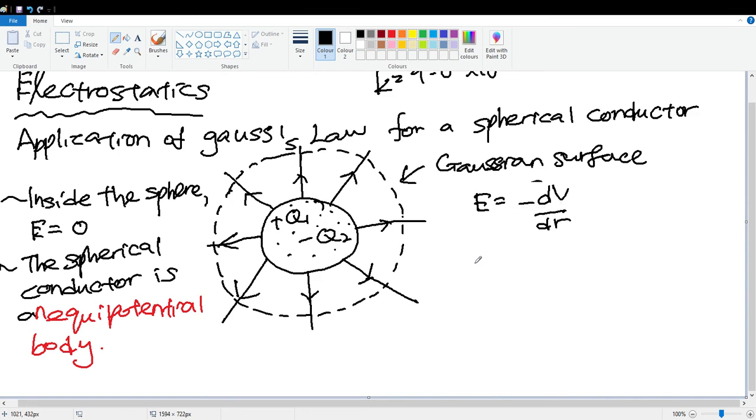Consider I have my V, which is kQ over r. To get the electric field strength, I have to differentiate this electric potential. So dV over dr gives negative kQ over r squared.